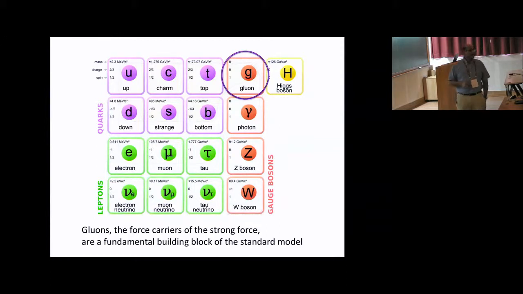Quite a few have heard about the Higgs boson even, and neutrinos. But very few have heard about the gluon, which is, in that sense, a humble object. It has very simple quantum numbers. It has no mass, no charge, and spin 1. But it's the force carrier of the strong force, which is the strongest force in nature that we know of. And as such, it is a fundamental building block of the standard model.